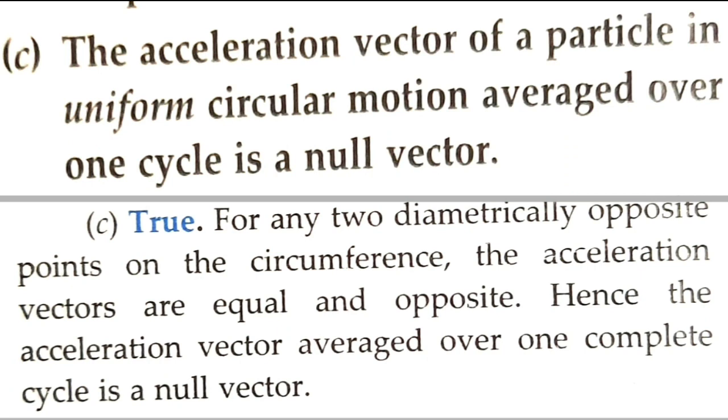So when we add vectorially, the two accelerations get cancelled. If we add all such accelerations along the circle, we will get the vector sum to be 0. If the sum is 0, the average will be 0. So that is why the statement, acceleration vector averaged over one complete cycle, is a null vector.